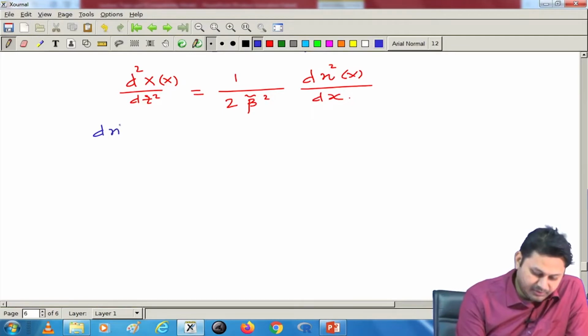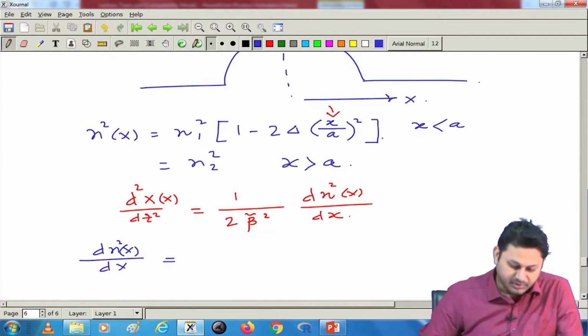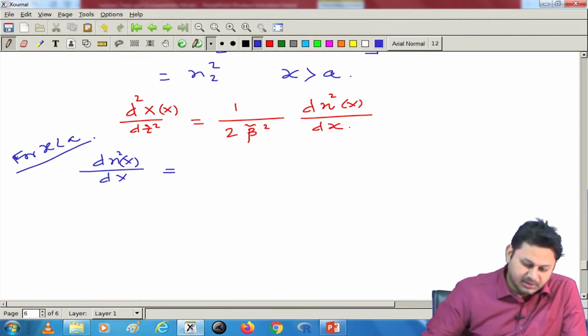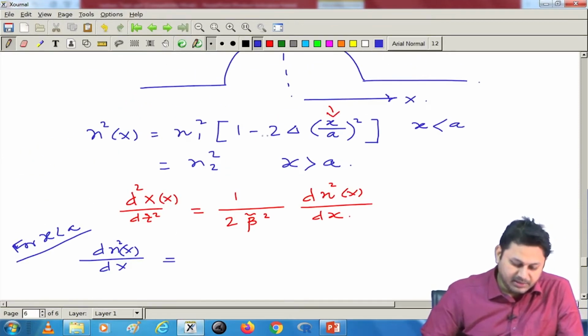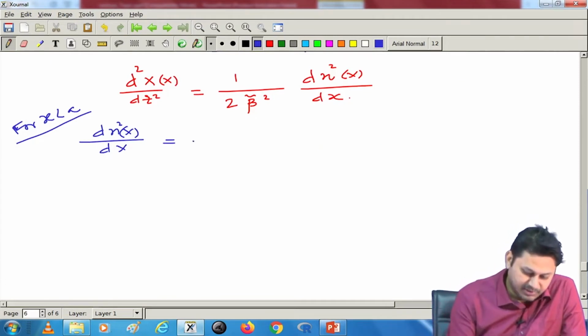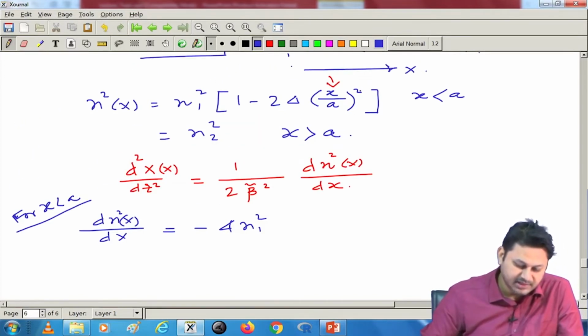So, d of n square x/dx, if I take the derivative for x less than a, in this region, then this is minus, n square is here. So, the derivative becomes simply minus 4 n1 square, because of this 2 and then due to this derivative I have another 2.